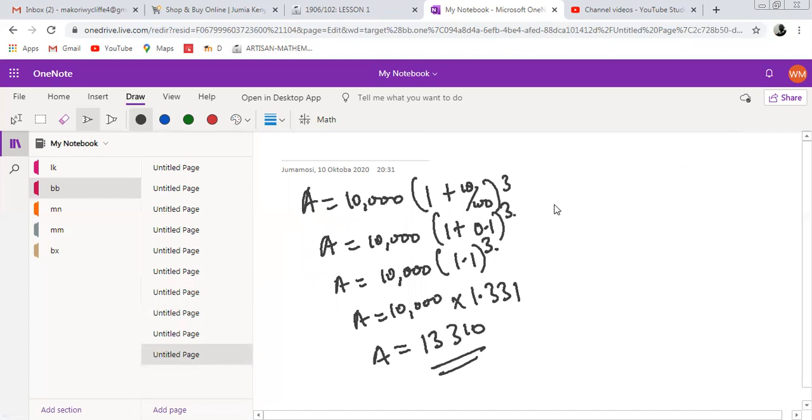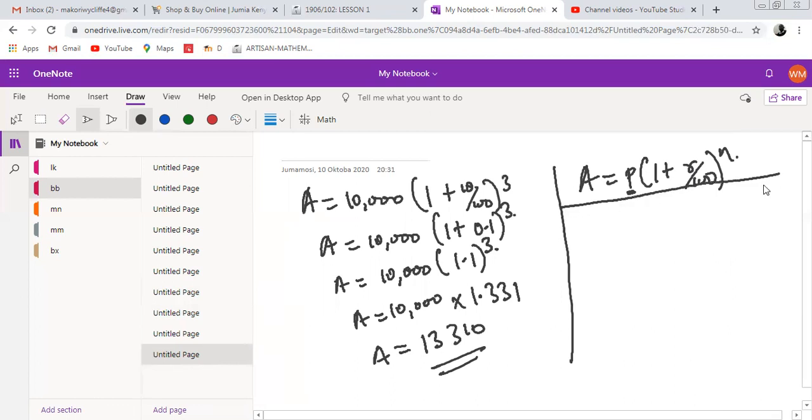But note, in this formula, where A is equal to P into 1 plus R percent power n, you can be told to calculate anything. You can be told to calculate P, R or N. You can be given a question like this, where you are told that an investor earned a total of 120,000 after 4 years.